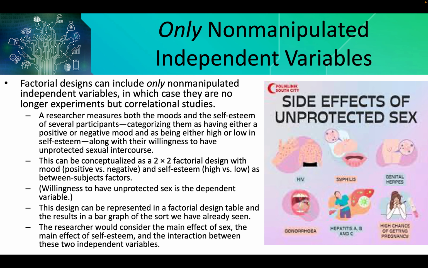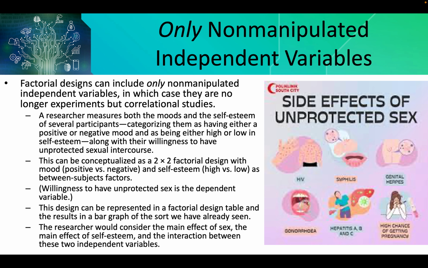Factorial designs can include only non-manipulated independent variables, in which case they are no longer experiments but correlational studies. A researcher measures both the moods and self-esteem of several participants, categorizing them as having either a positive or negative mood and as being either high or low in self-esteem, along with their willingness to have unprotected sexual intercourse.